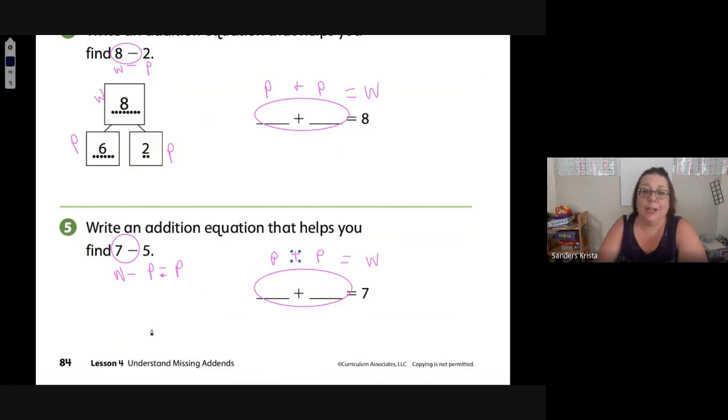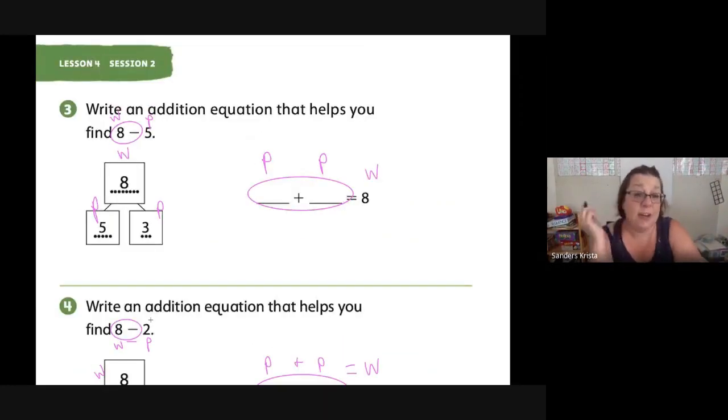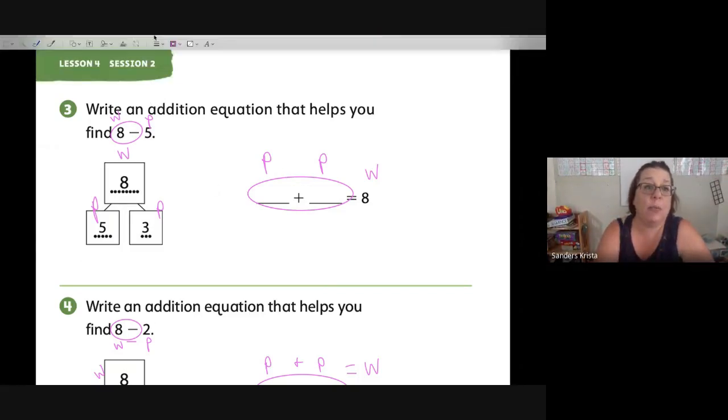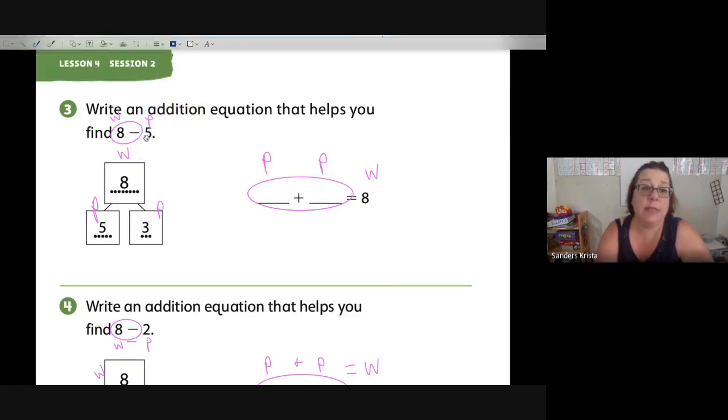I would like you to go through and solve these on your own. You can come back and watch the video to see if you are correct. Remember that if you have everything labeled already as your part, whole, it's really simple to fill in the missing information.